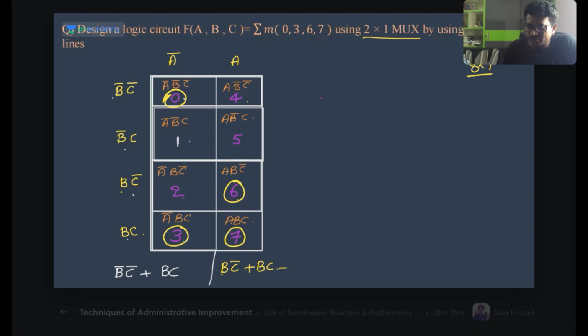If I take B common, then we get B only, since C plus C bar is 1.